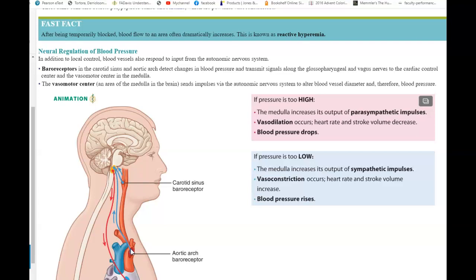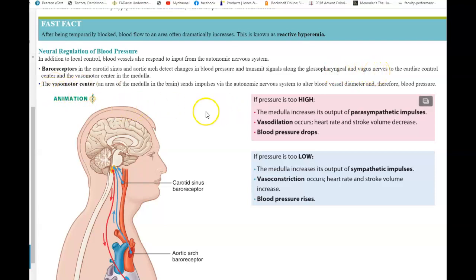Plus, you want to make sure you don't have too high a pressure going to your brain because it'll damage those delicate brain cells. They will detect any changes of blood pressure and transmit it through your glossopharyngeal and vagus nerves, which will slow it down.